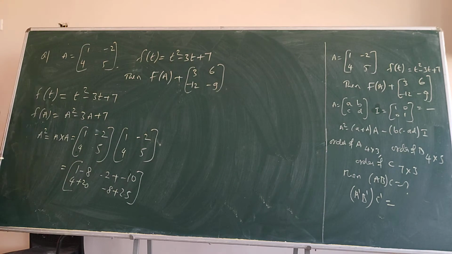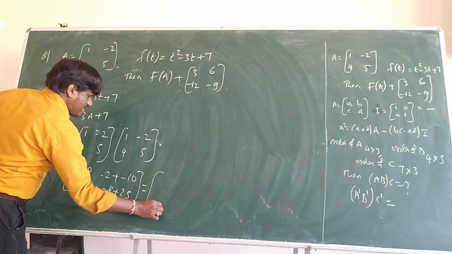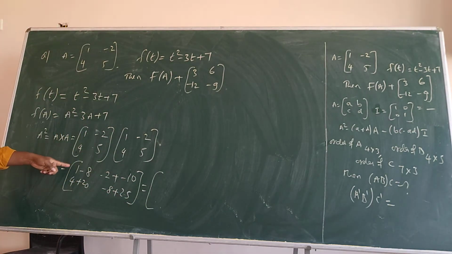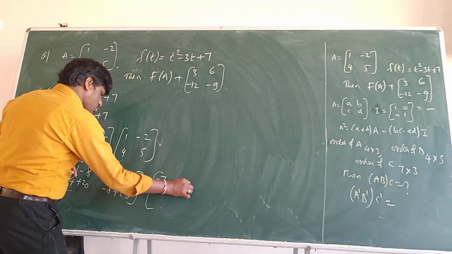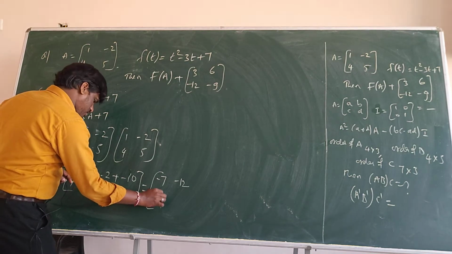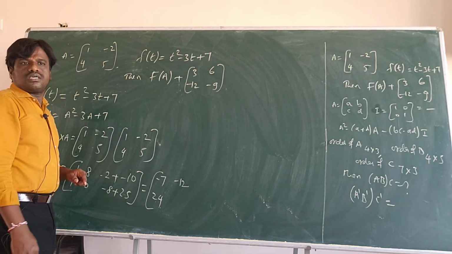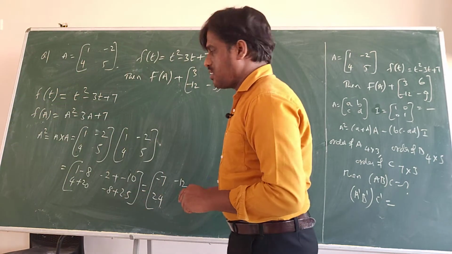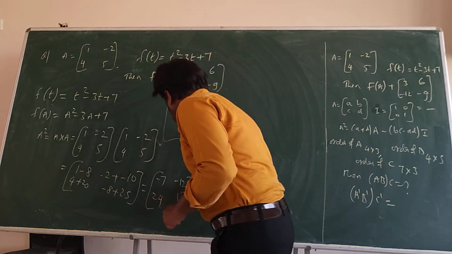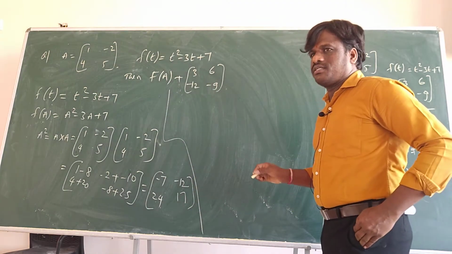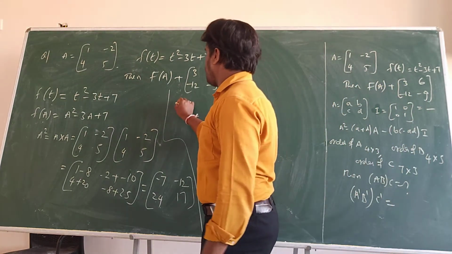See here. Next what do you get? Minus 7, minus 12, 24, 17. Okay, A square you got. After A square, what do you write here?